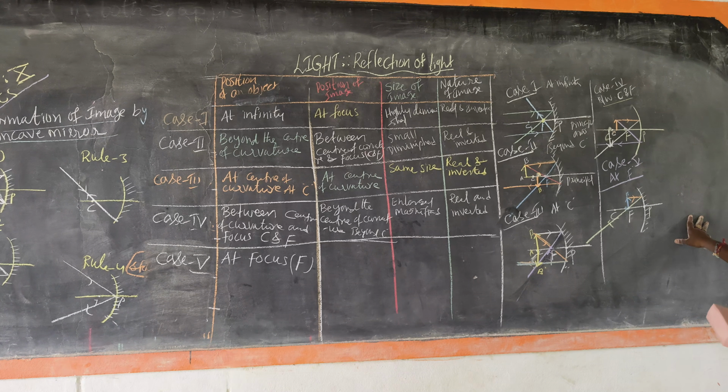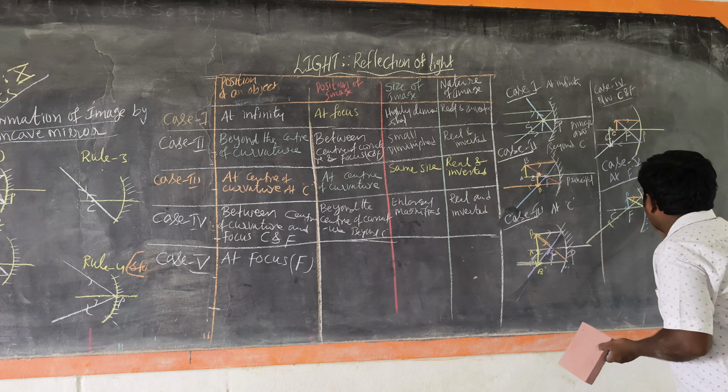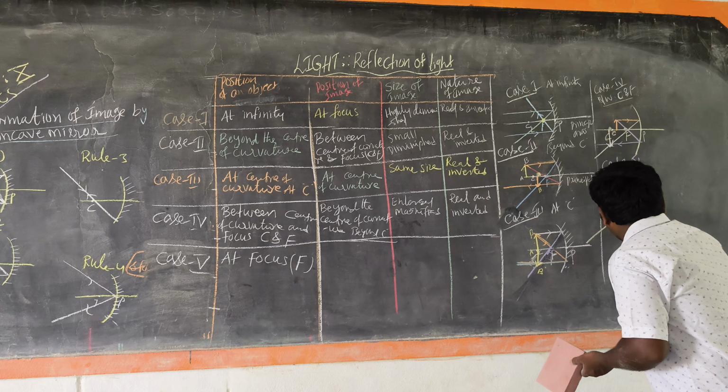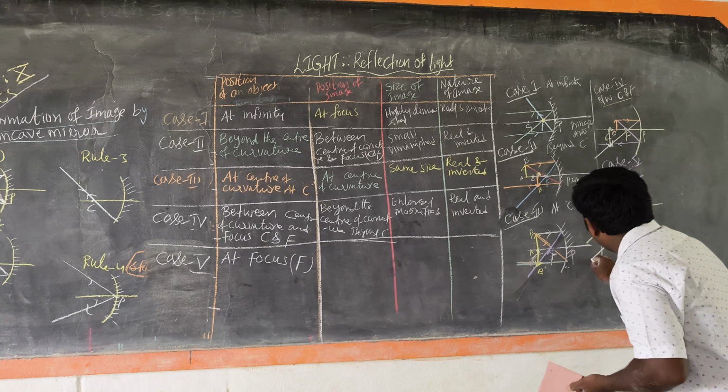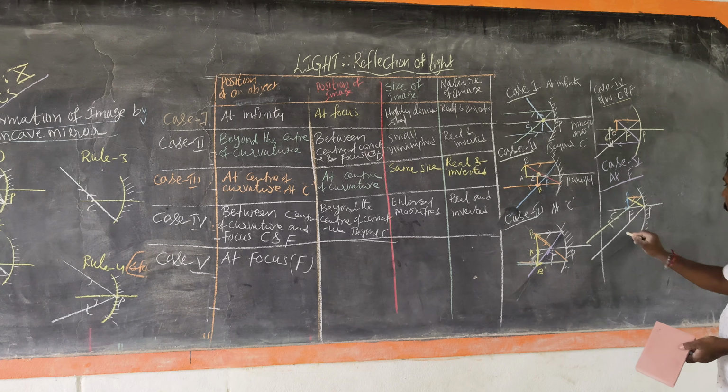Just imagine rule 4, if it makes some angle with the pole, what will happen? After reflection, it makes some angle with the principal axis.